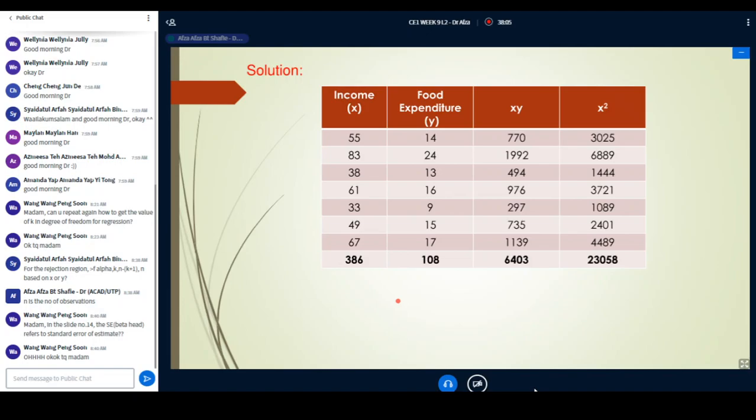So what I do is calculate first, because I'm going to use the formula with the sum of squares of the x and sum of squares of the y, that long formula. So I need to find xy, done manually, and the x squared, because I need all these values to get my beta naught and my beta 1.